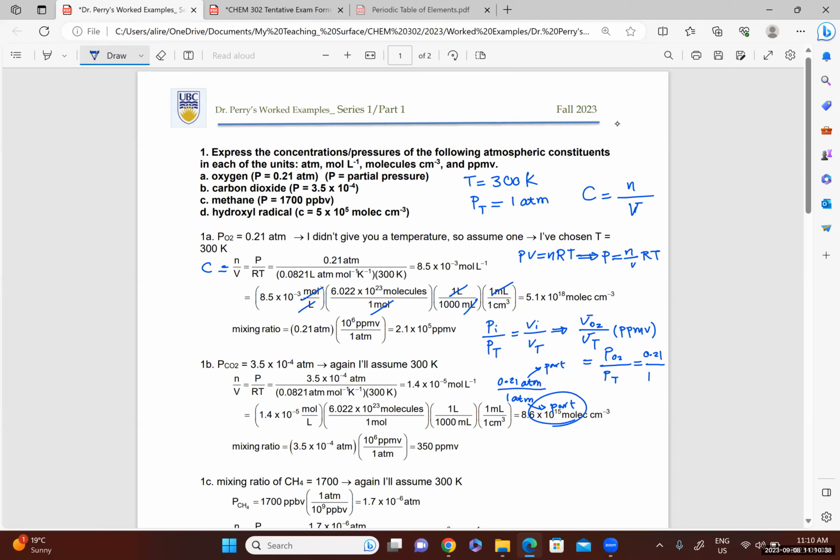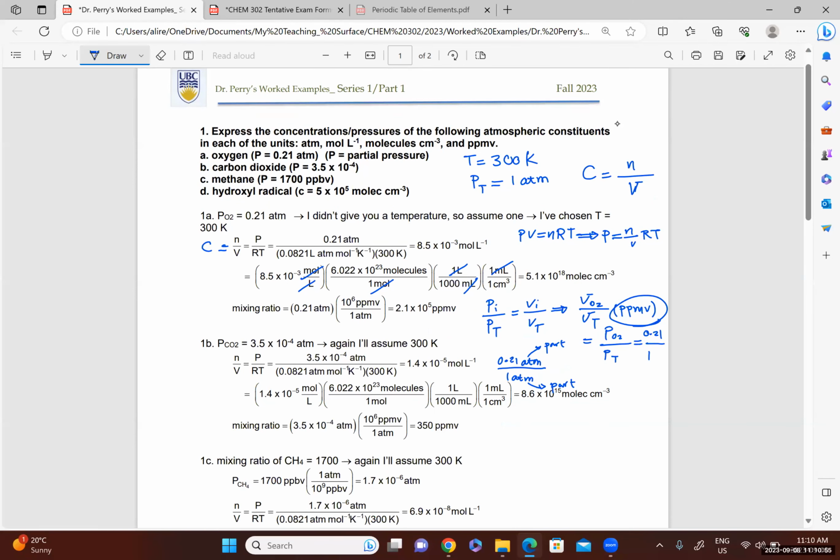But in the denominator, I only have 1 part. So I have to convert that 1 atmosphere to 1 million atmospheres. So I have to do that to be able to get the volume ratio in ppmv, in parts per million.